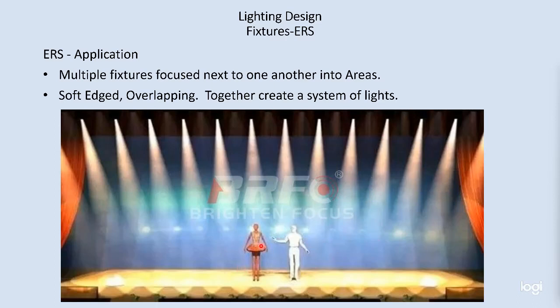If I wanted to focus just on our two performers in the middle, I could turn off the sides and just have them focus in the middle. And they overlap so that as people move left to right, they don't walk through bright spots and dark spots. And so that is an application, and we'll be back with a little more in just a minute.